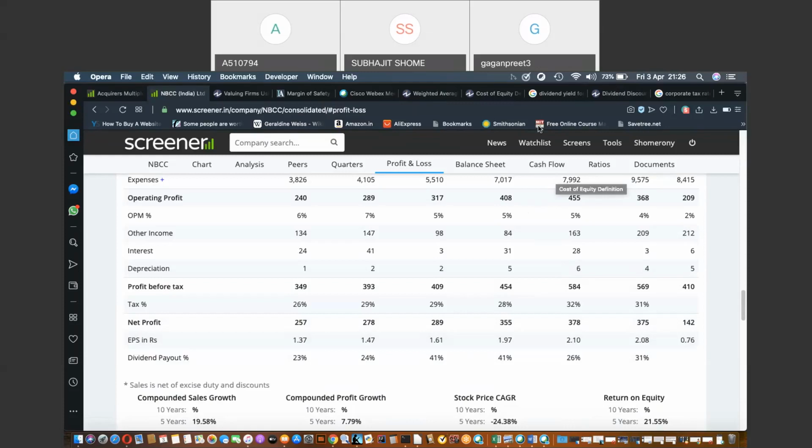Now let us calculate the other things we require. Tax rate is 25%. As per the formula, EBIT is 612, EBIT into 1 minus tax.